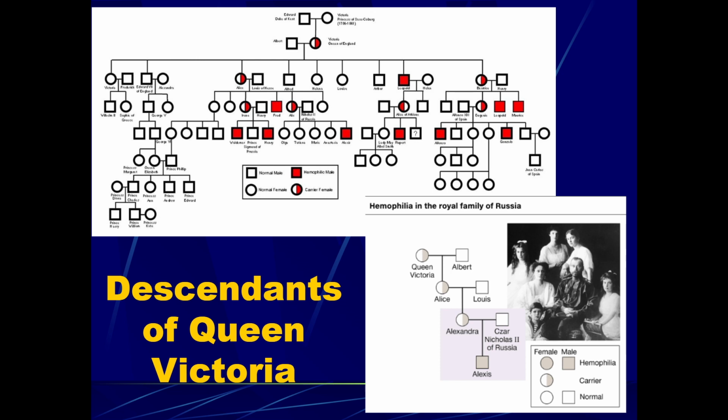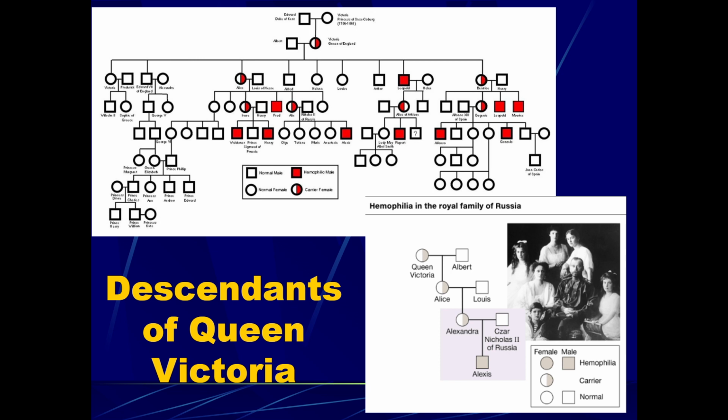Because of the way this trait is inherited, the females tended to be carriers, whereas the males that inherited the trait were affected. So you can see that many of the males were actually hemophilic. This was essentially a bleeding disorder which could be fatal, but oftentimes is now treated successfully.